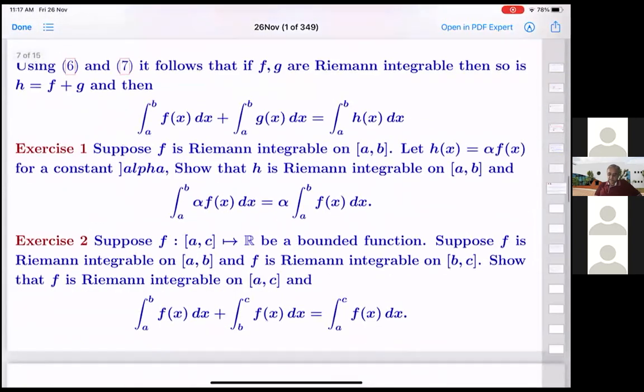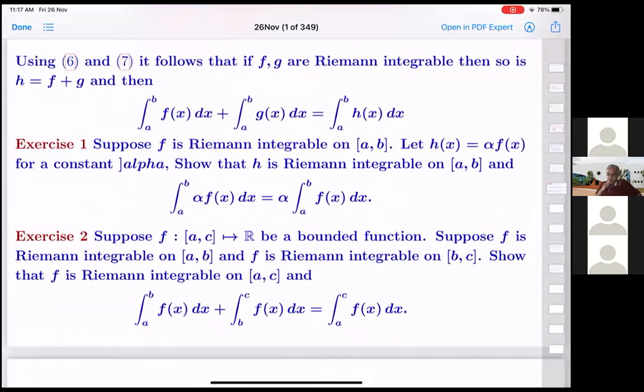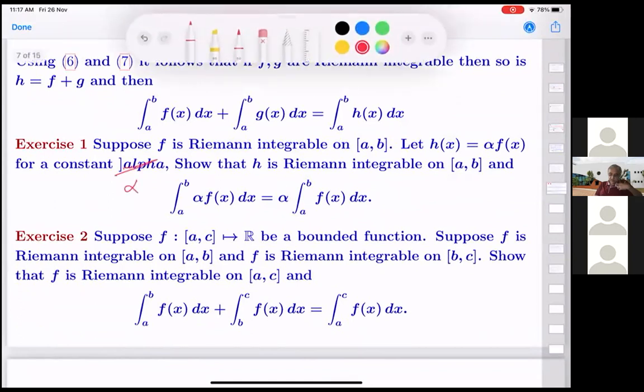So I have listed two things as exercise. They are easy to do. I will talk it through, but then you have to be able to write out the argument. So suppose f is an integrable function, Riemann integrable on a to b, and h is equal to alpha times f(x) for a constant alpha.